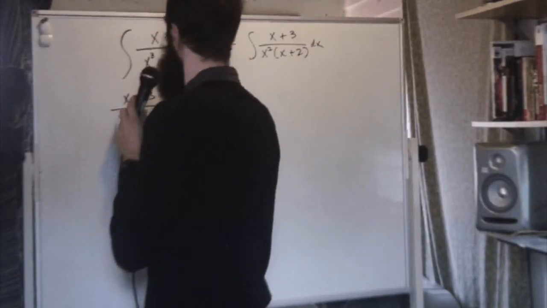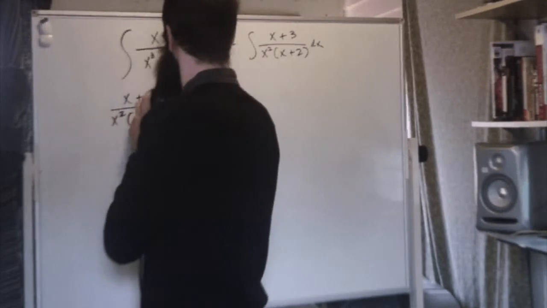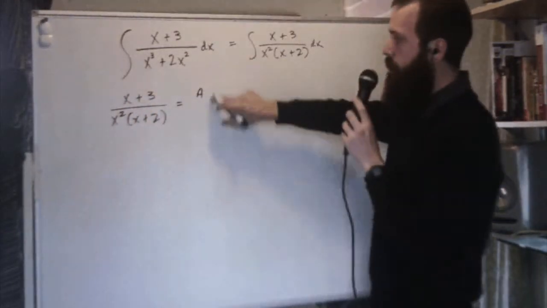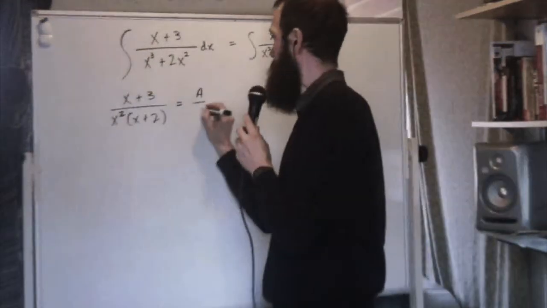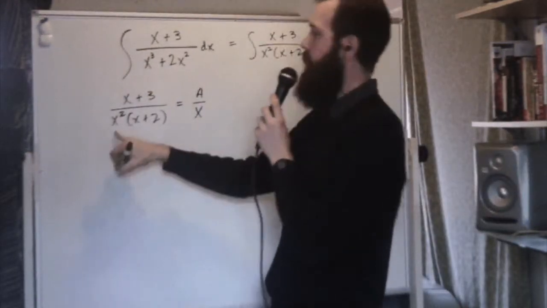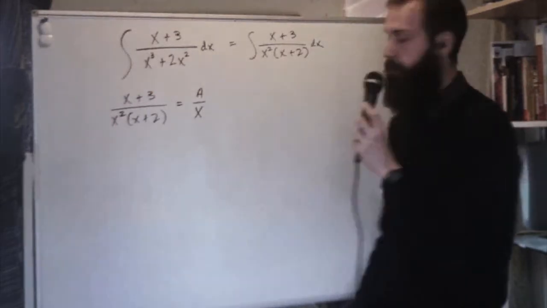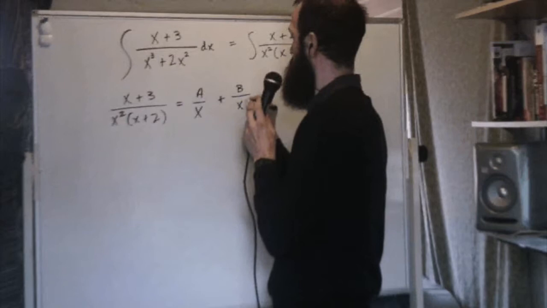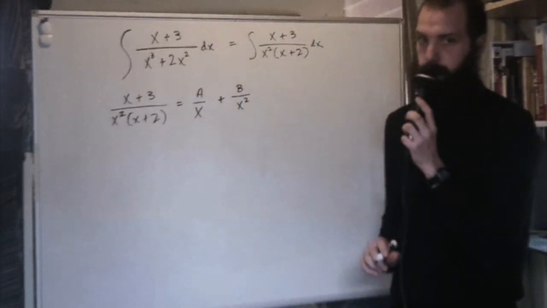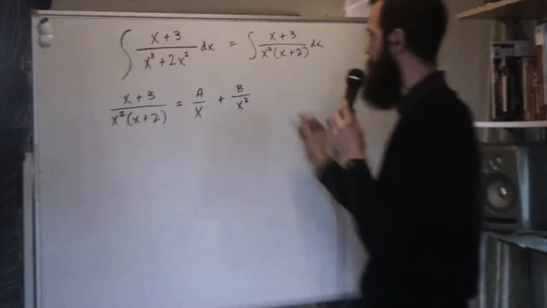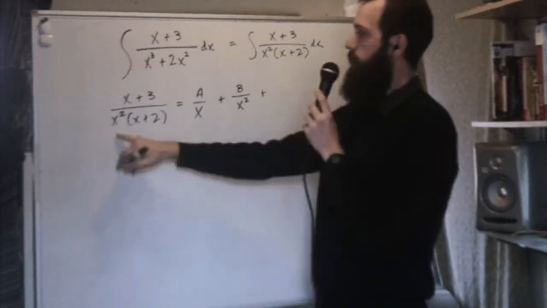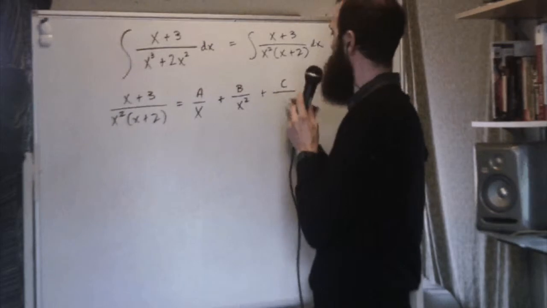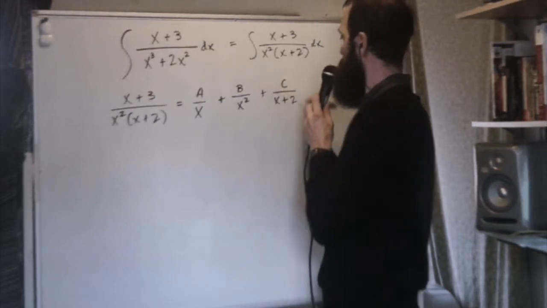So looking at the fraction, we'll start assigning our variables. Beginning with a, we'll put that over just the first occurrence of x. And b will be over the second occurrence of x, or x squared. Both x's are accounted for, so we'll finish with c over x plus 2.